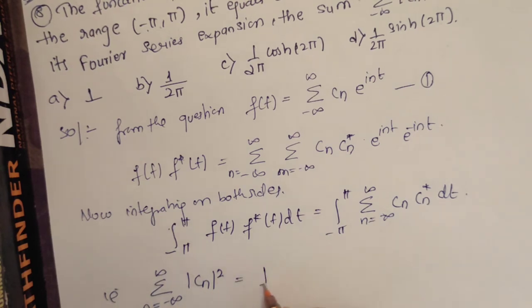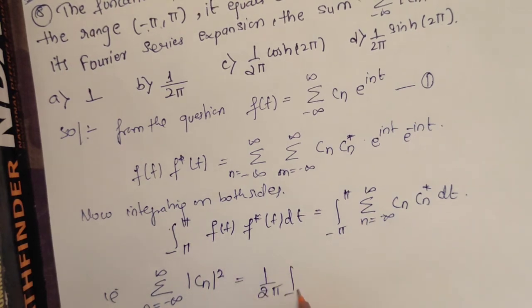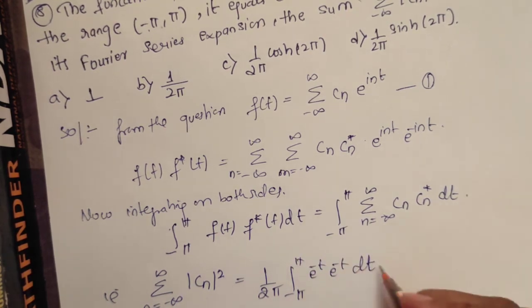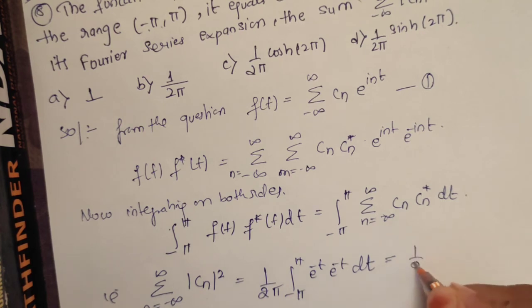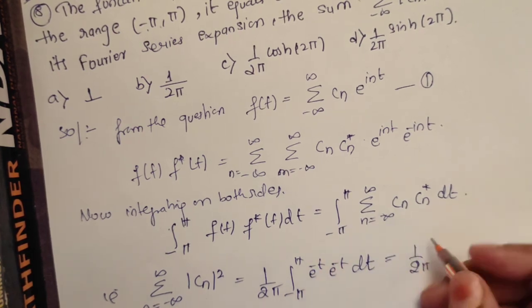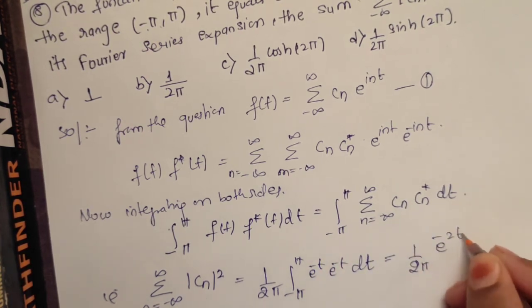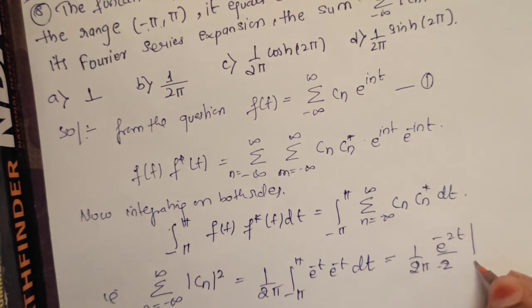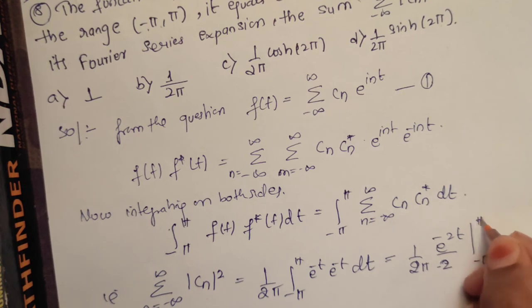is equal to 1 by 2 pi integral from minus pi to pi of e to the power of minus 2t dt. That will be equal to 1 by 2 pi times, for this integration, e to the power of minus 2t by minus 2 over the range minus pi to pi.